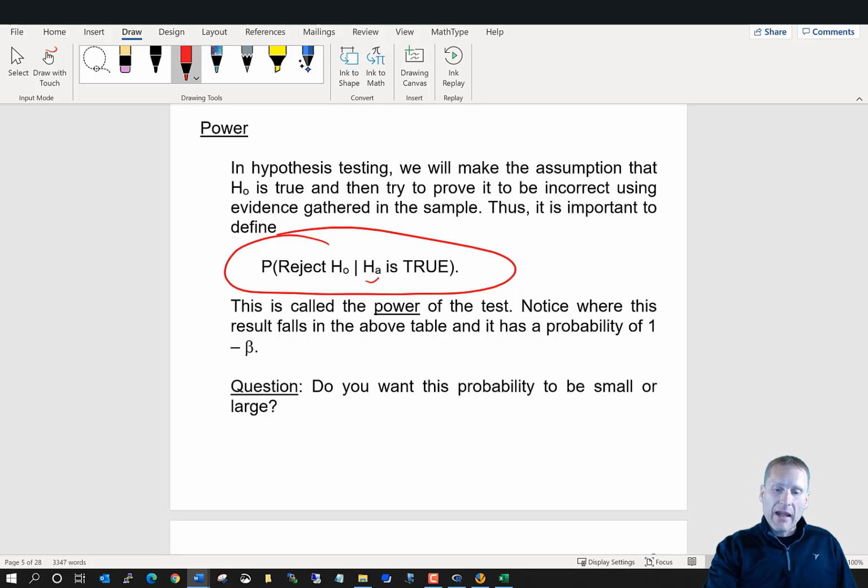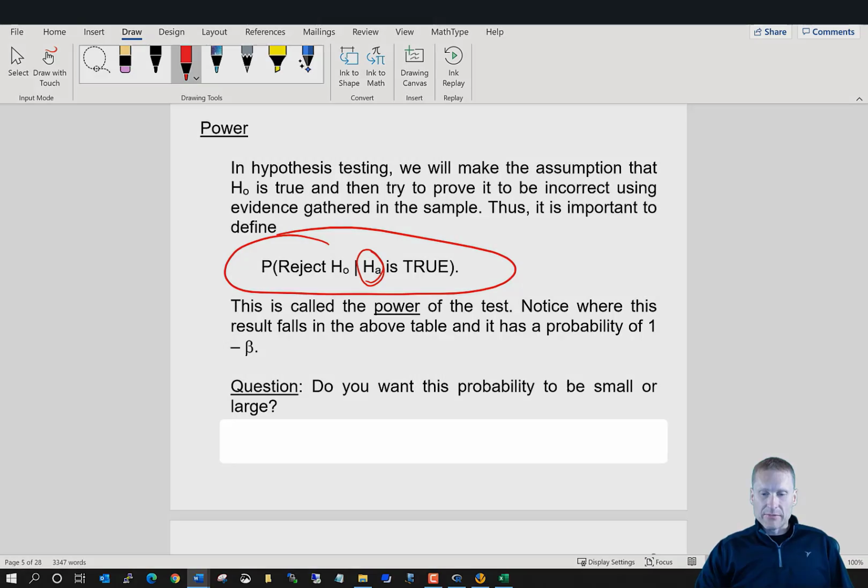And remember, HA is what typically contains your research hypothesis. So if you're a researcher performing an experiment that's going to involve a hypothesis test, you want your power, the probability that you reject H0, given HA is true, to be as large as possible.